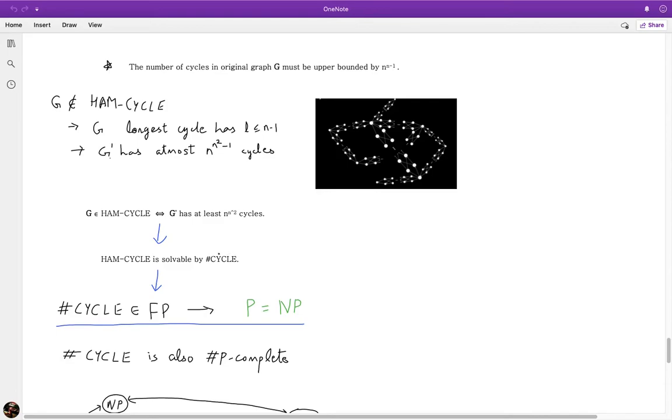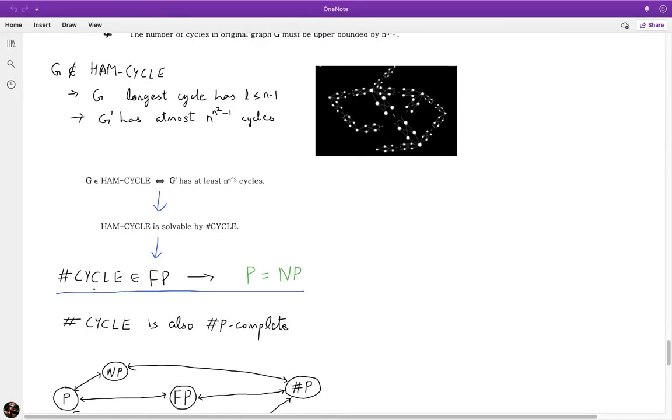So if we can solve the #cycle problem, meaning we can find the number of cycles in the graph G', we can then solve Hamiltonian cycle as well.